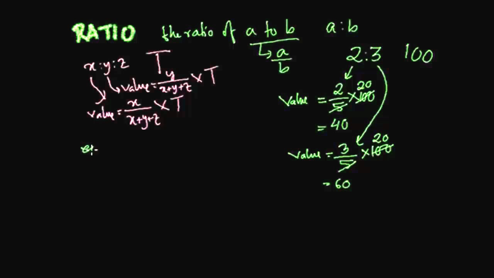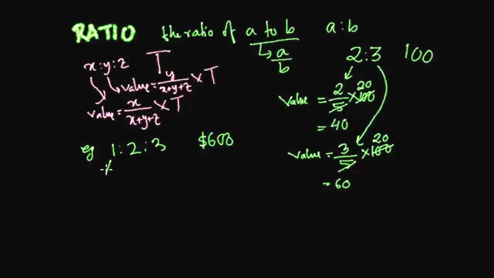An example for this: suppose you want to break something down in the ratio of 1:2:3. So altogether there are 6 portions. Suppose you want to break down $600, which has to be distributed among 3 people.